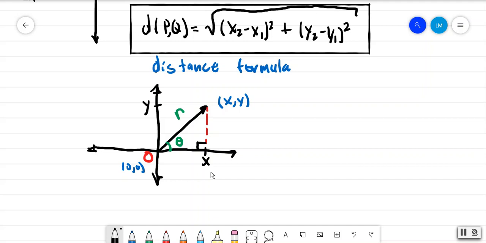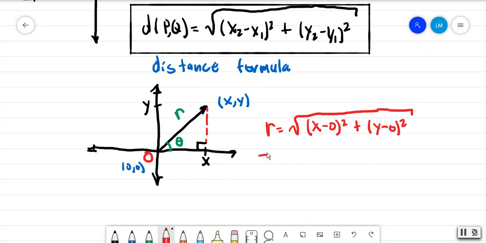So in finding the distance, r is just the distance in this case. So r is equal to the square root of x minus 0 squared plus y minus 0 squared.